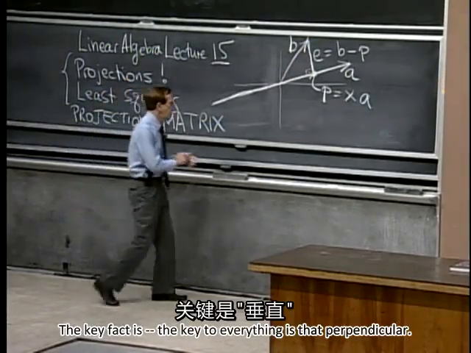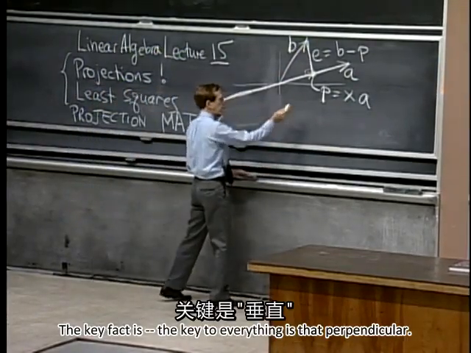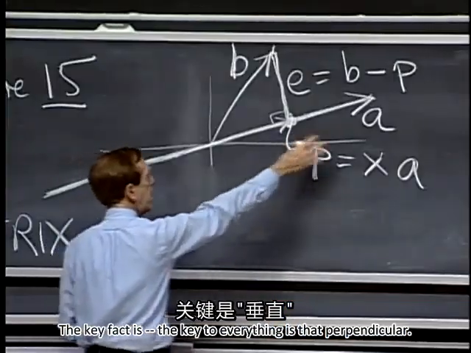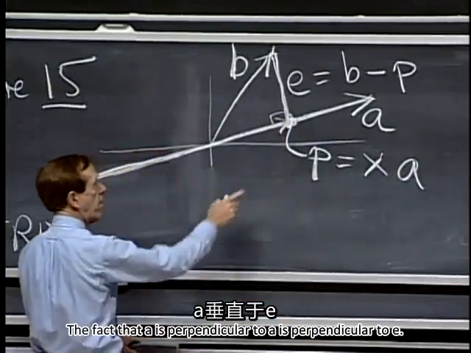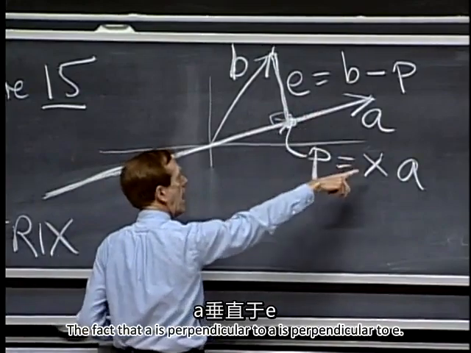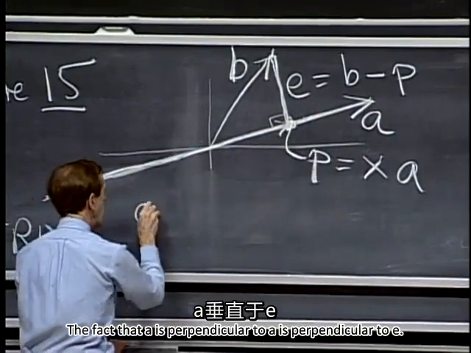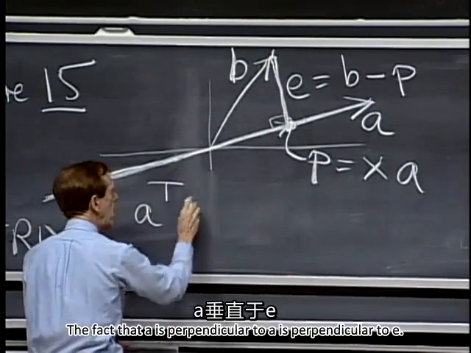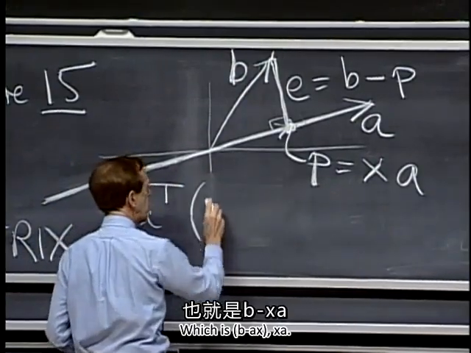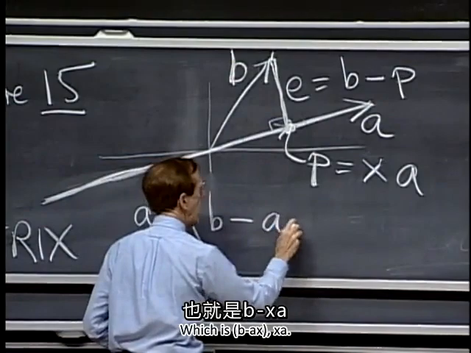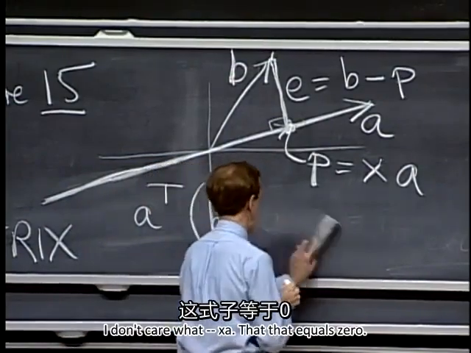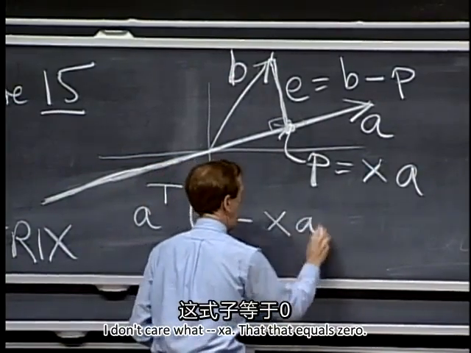Okay, the key fact is, so the key to everything is that perpendicular. The fact that A is perpendicular to E, which is B minus XA.